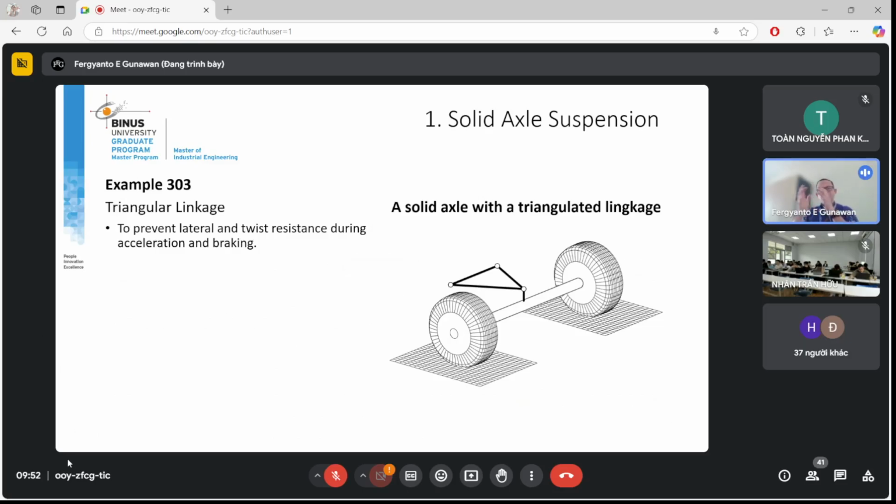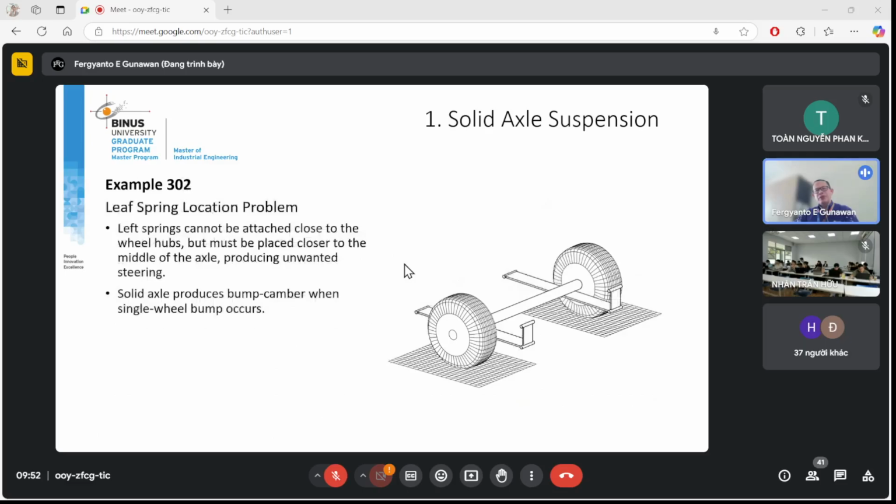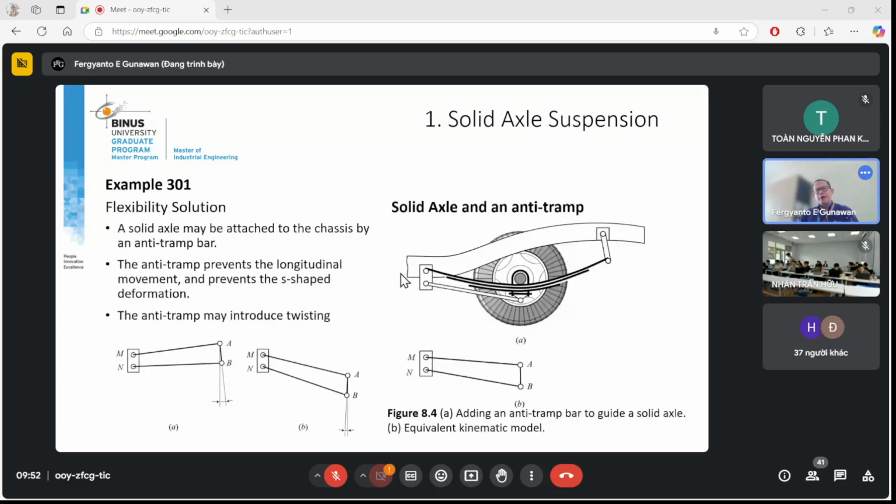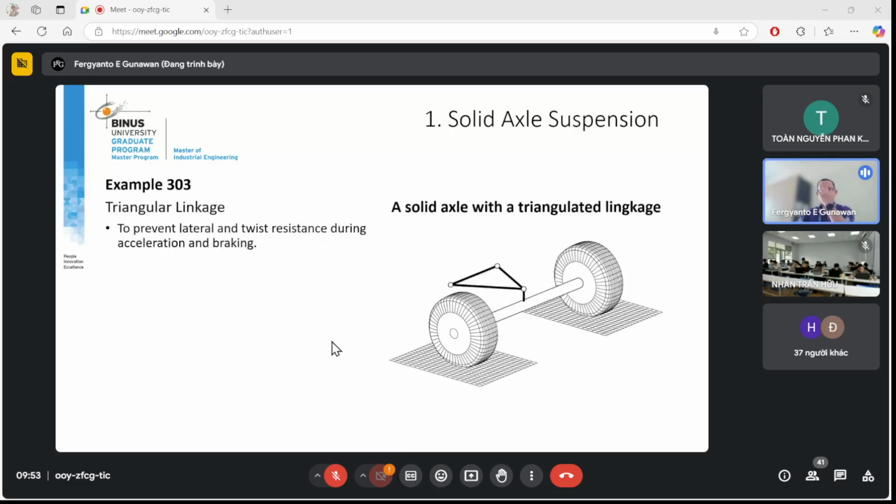Okay, so with this particular structure, and so now, by introducing two systems, the first system is this anti-tramp to prevent the movement in forward directions, and a simple triangulated linkage, and that prevents the lateral movement.